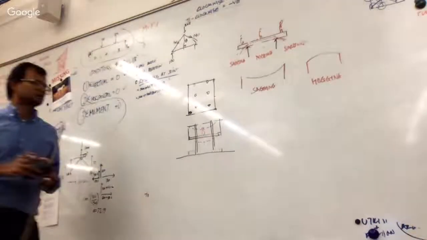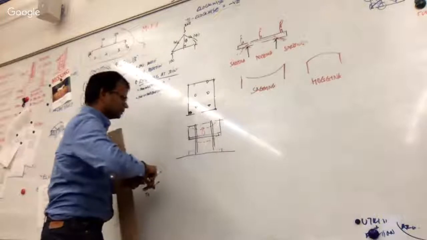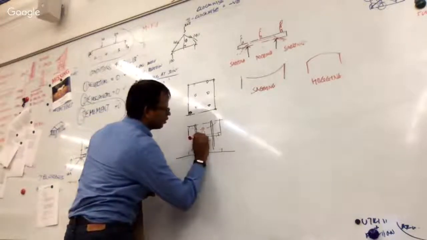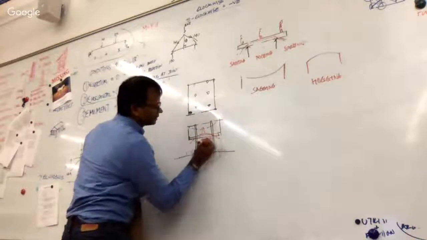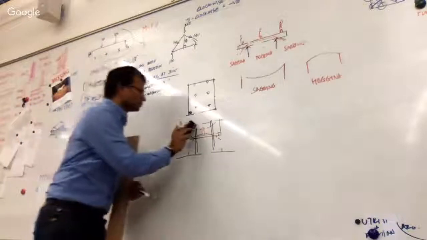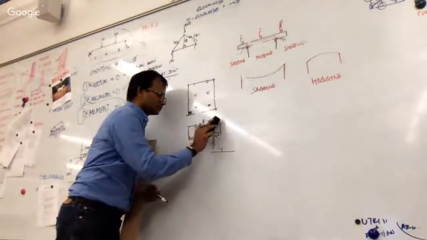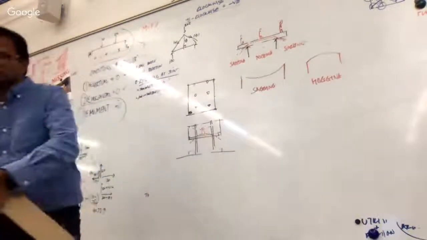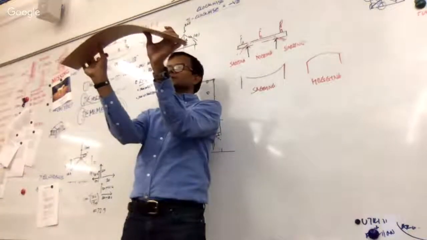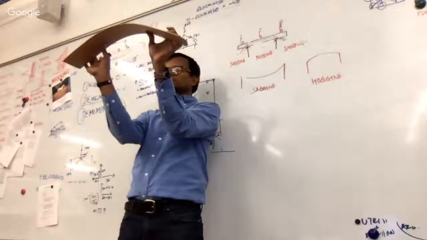What's happening? There's going to be sagging out here, hogging out there, and sagging there. In other words, if I've got a support here at both ends, that's how the thing will bend under load.